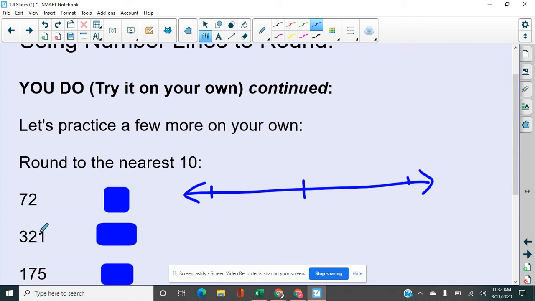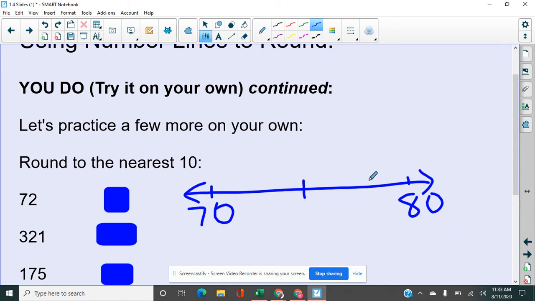Let's look at, oh, how about this one here? This 321. Actually, I'm going to save that one. Let's look at 72. So counting by tens, 10, 20, 30, 40, 50, 60, 70, 80, 90, 100. All right, which of those numbers did I say? 72, it would be more than 70, less than 80.